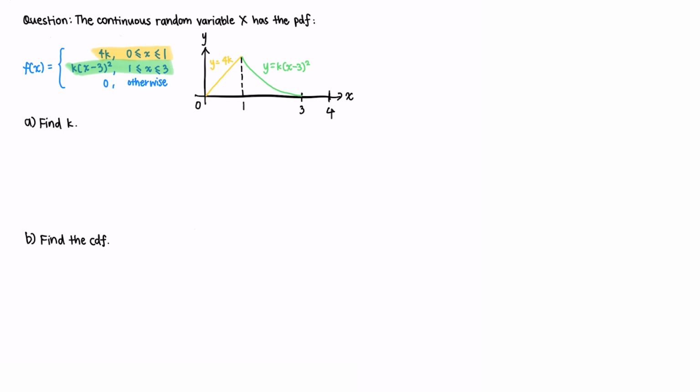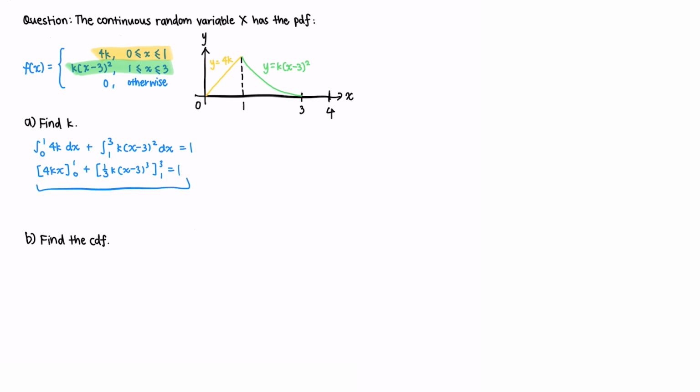Now what I'm going to use over here is the total probability is equal to 1. So the total area under this curve is equal to 1. So I'm going to take the integral from 0 to 1 of 4k, and then take the integral from 1 to 3 of k(x minus 3) squared. And I equate this to 1.